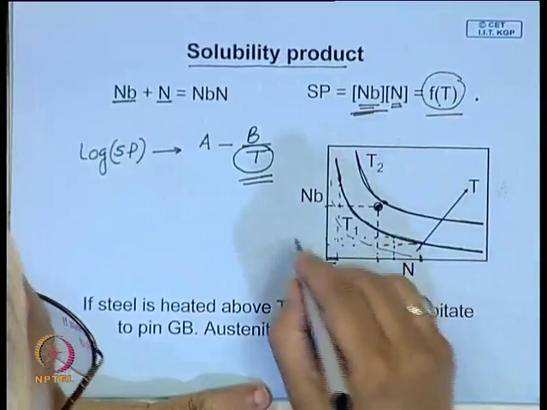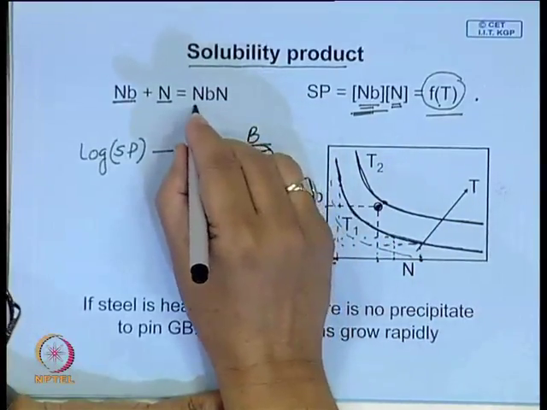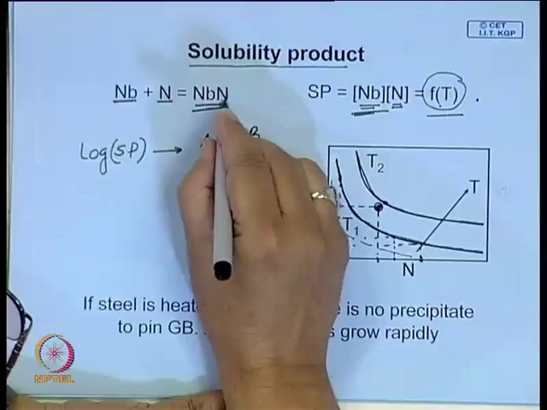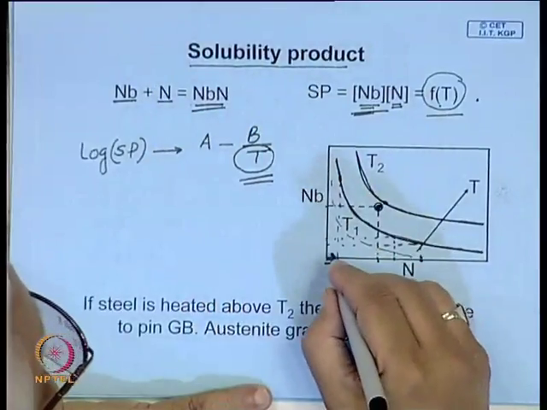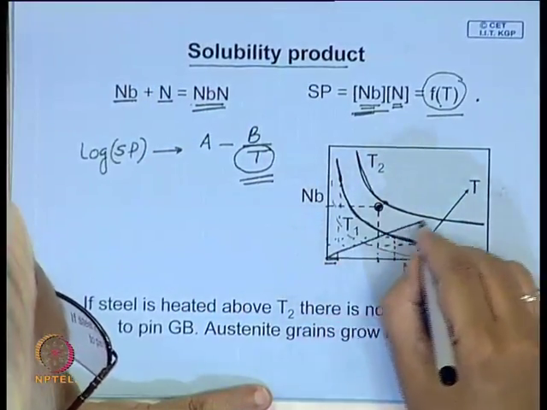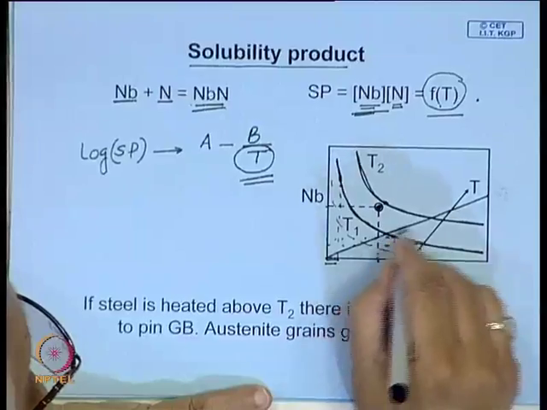And what you need to know is the stoichiometry. If it is 1:1, in that case you can plot the stoichiometry line something like this.